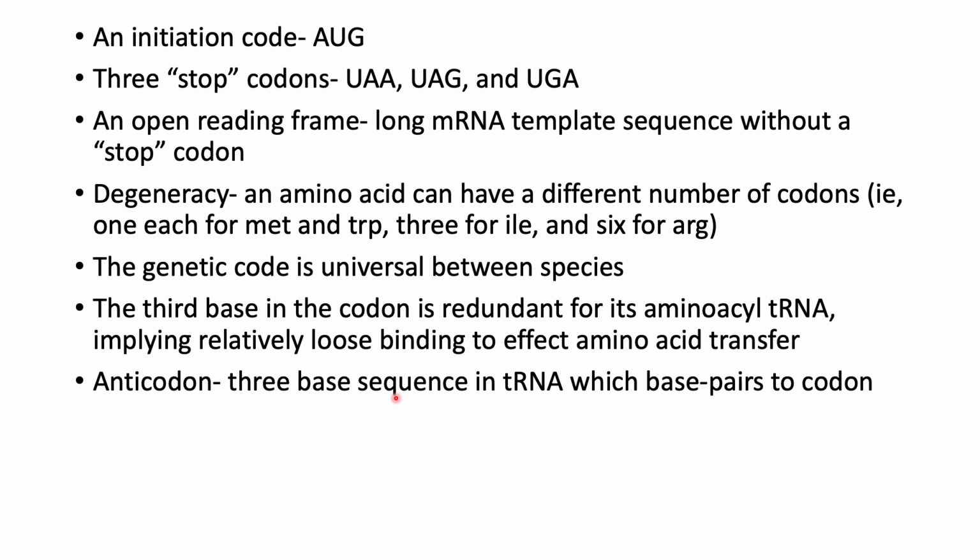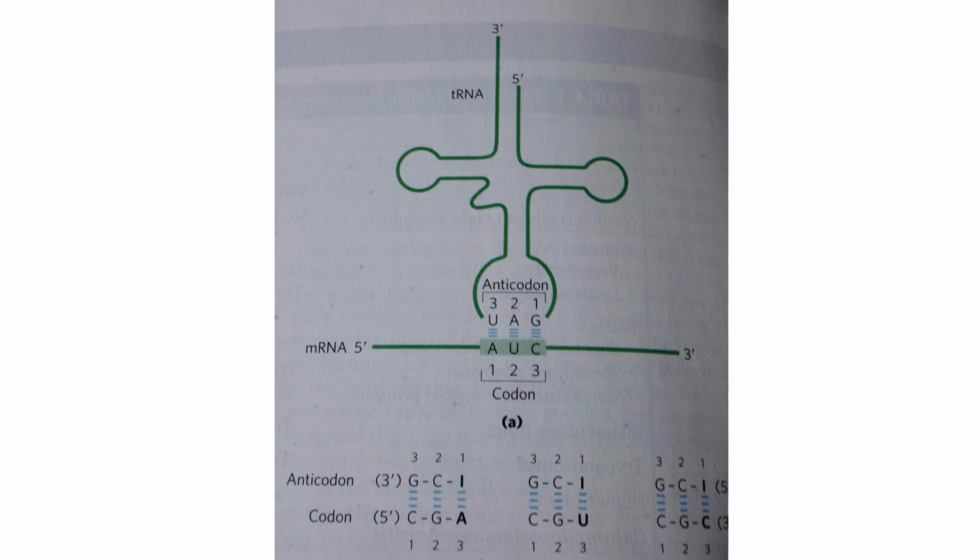The anticodon, again, is this 3-base sequence in transfer RNA, which base pairs to the codon. So in the flat planar structure of transfer RNA, this is a 3' here, and the amino acid attaches to this point. This is actually a globular arrangement with 2 broad foldings over here. It's not a linear plane, but it is represented thusly.